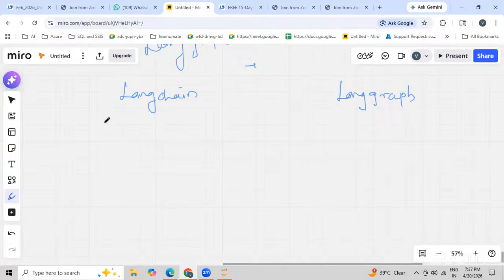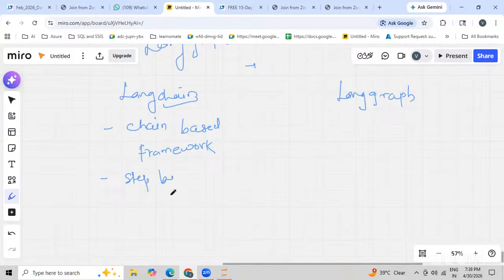What is LangChain? Simply, we can say it is a chain-based framework. It means, as we have seen that day, the chain is a sequential framework, meaning step-by-step pipelines.